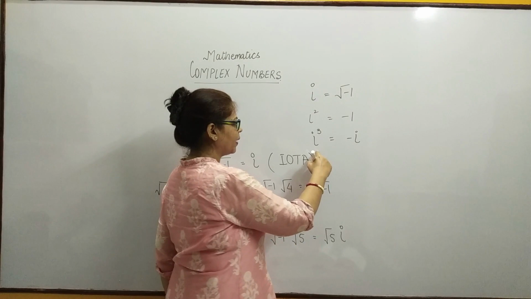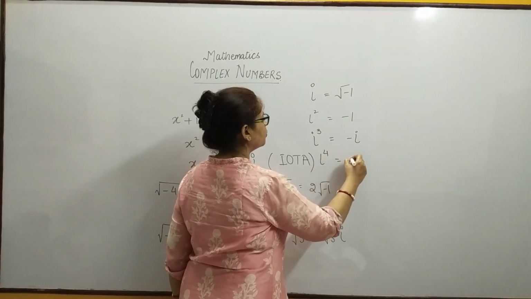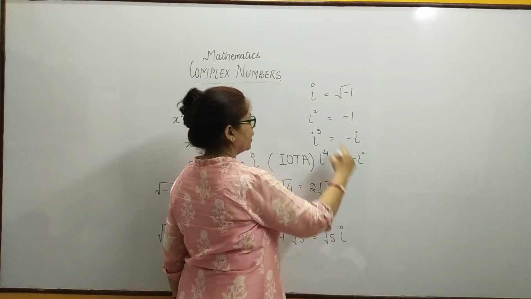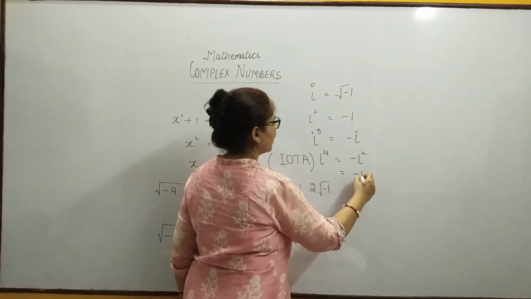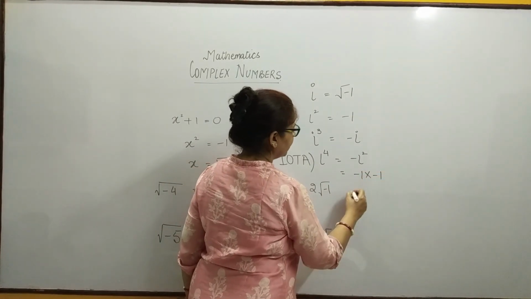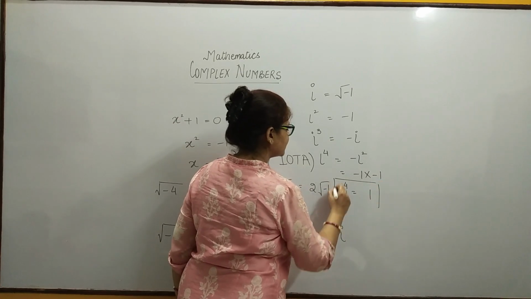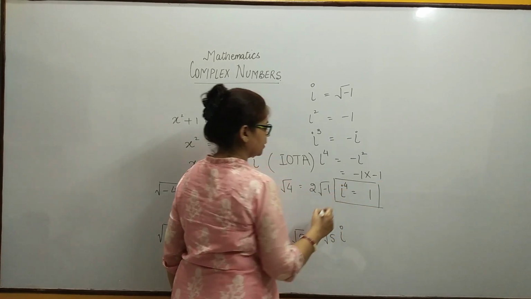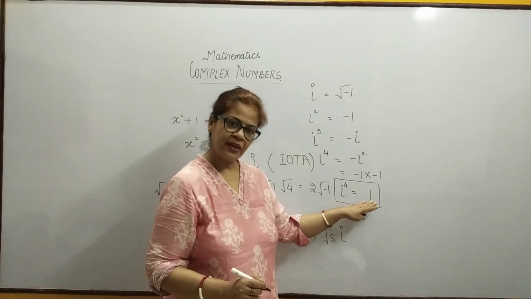Again, if we multiply both sides by i, we get i to the power 4 is equal to minus i square. And you know that i square is equal to minus 1. So, minus 1 into minus 1 will give you plus 1. So, you can see that i to the power 4 becomes plus 1. That is a real number.